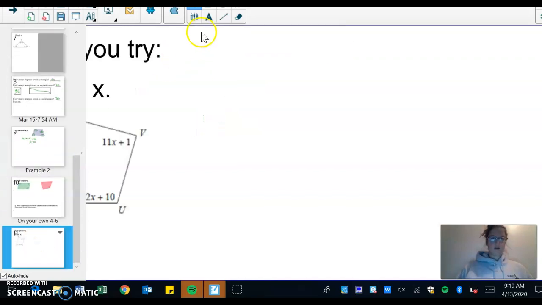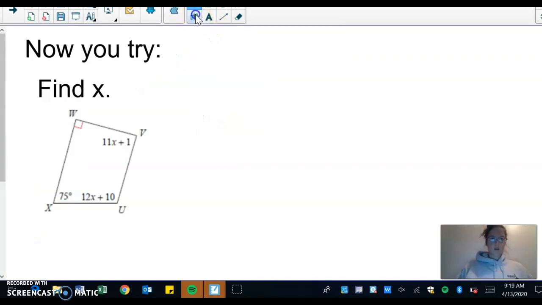And then let's try another one. So you can pause this at any time and try it on your own. This is a little bit more difficult one. You can see it's a quadrilateral again, so it adds up to 360 degrees. This is 90 degrees.